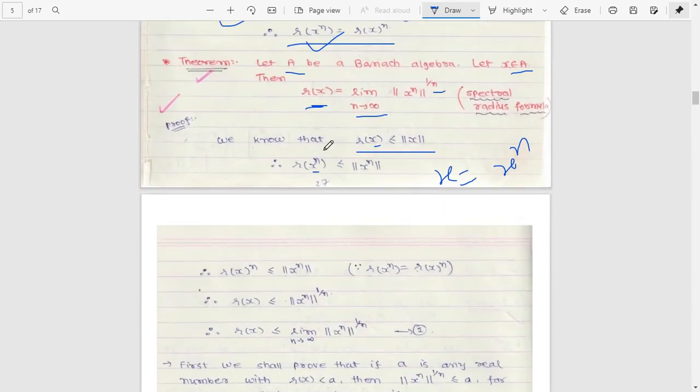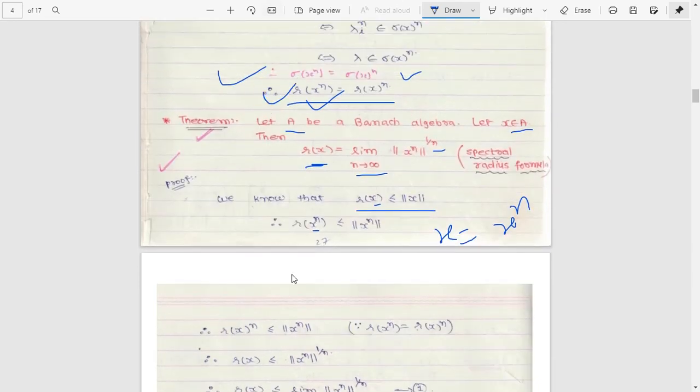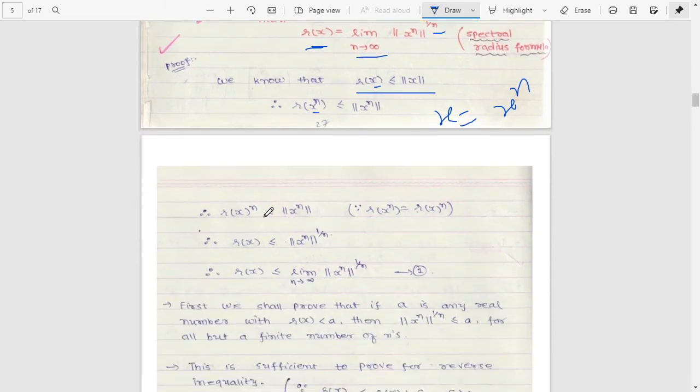But by the above theorem, r of x raised to n is equal to r of x raised to n. So r of x raised to n is less than or equal to norm x raised to n. This is by the above theorem. So now taking the nth root, r of x is less than or equal to norm x raised to n, raised to 1 by n. So r of x is less than or equal to the limit as n tends to infinity of norm x raised to n, raised to 1 by n. Equation number 1.